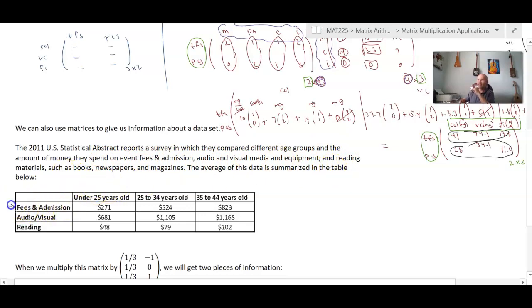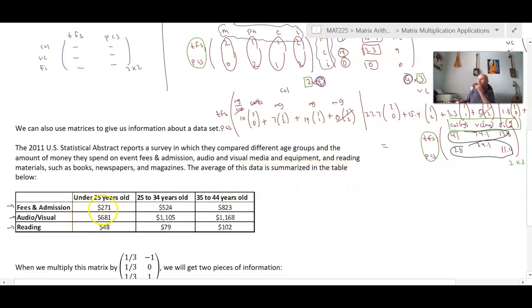You can see not much on fees and admission, audio, visual, everybody kind of spends a lot of money there, and then nobody really spends very much on reading. And this gives us the average of this data is summarized in the table below.